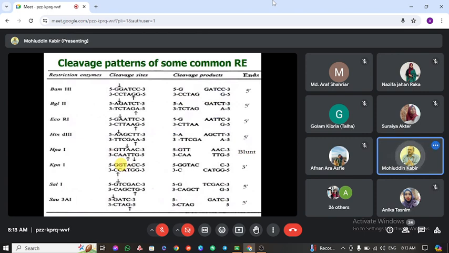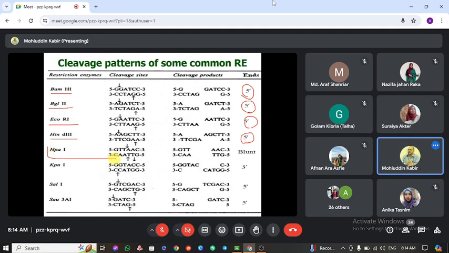This slide shows some examples of the restriction enzymes and which type of sticky ends they produce. BamHI produces 5' staggered end. BglII also produces 5' staggered end. EcoRI same. HindIII also the same.